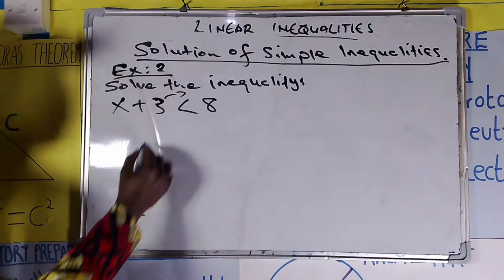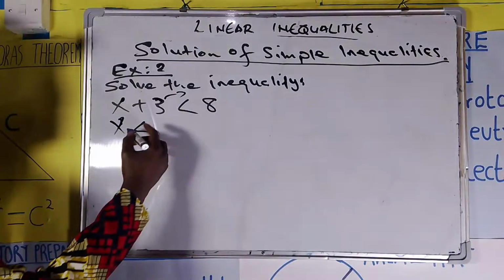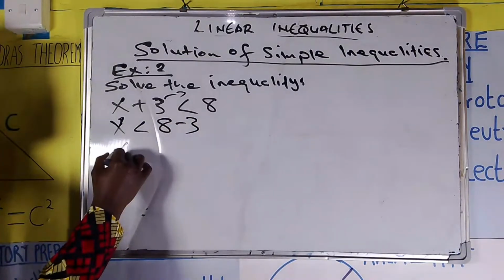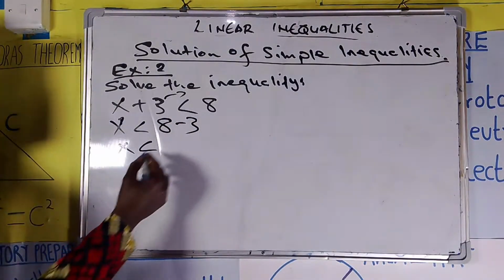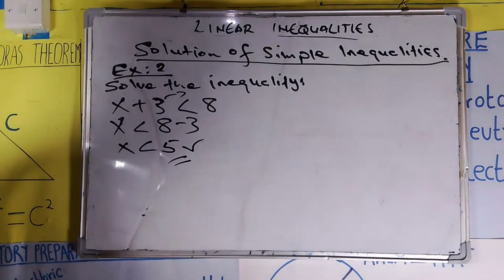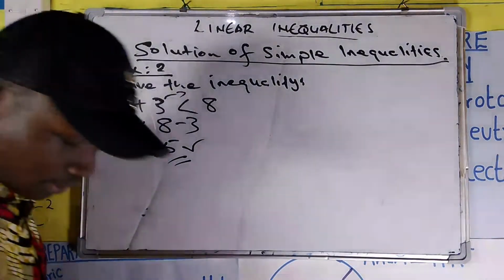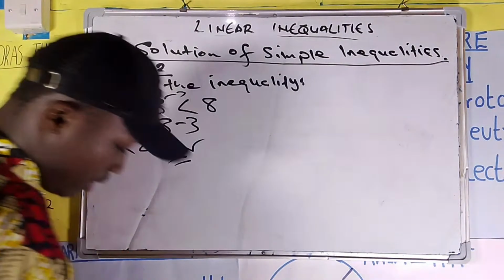Hii nayo peleka huko. Ikuwe 8 is less than 8, 8 minus 3. So 8 is less than 5. Na unamaliza. Hiyo inaisha. Tuende kwa example nyingine.